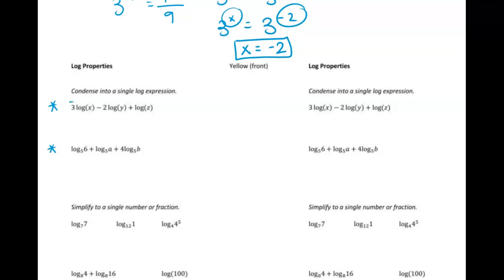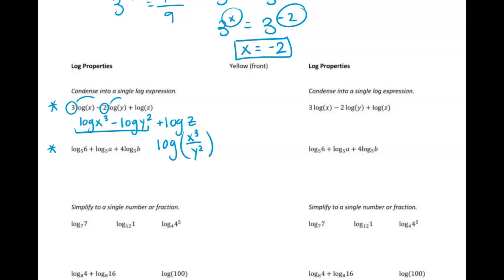Okay, so I'm going to put this 3 up here, the 2 up here. So we end up with log of x cubed minus log of y squared plus log of z. So I'm going to put these together first, and this is log x cubed over y squared plus log z.